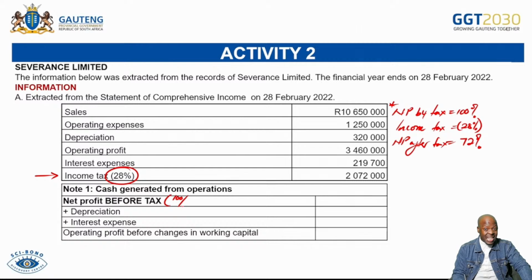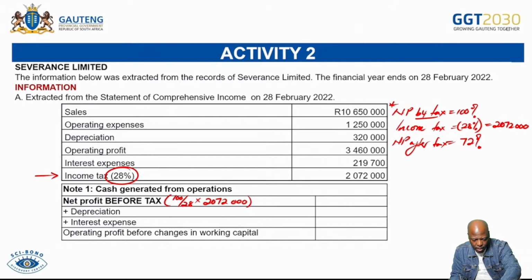That is what I want, net profit before tax. What do I have? I have income tax, 2,072,000. That is what I have. So I'm going to say 100 over 28 multiply by 2,072,000. Then I close bracket.